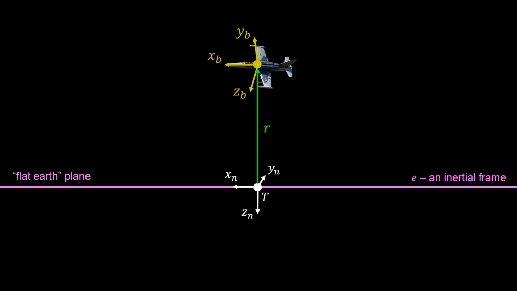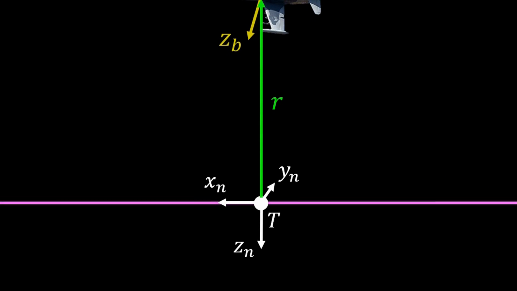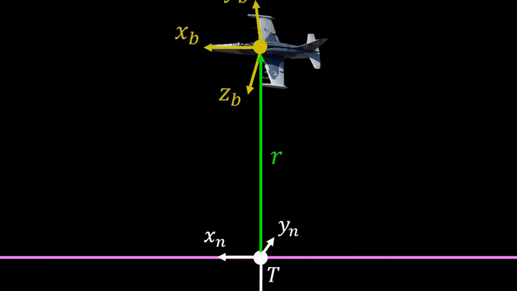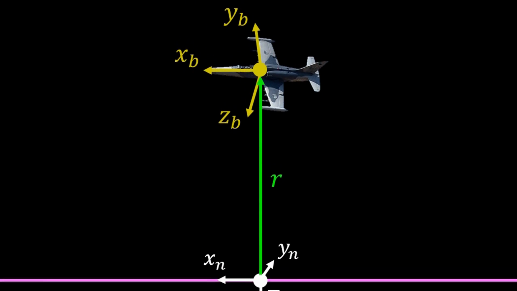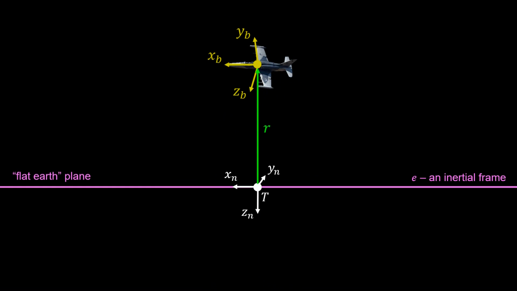Therefore, we fix the NED coordinate system to the tangent point T and use NED to quantify aircraft position in the northeast down directions from the position at T. In contrast to the oblate Earth simulation, NED is now fixed to the flat Earth surface.